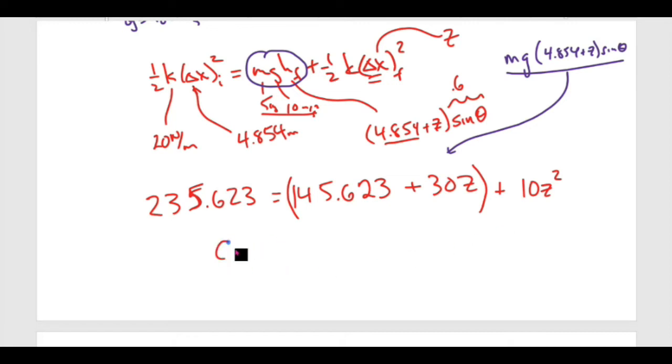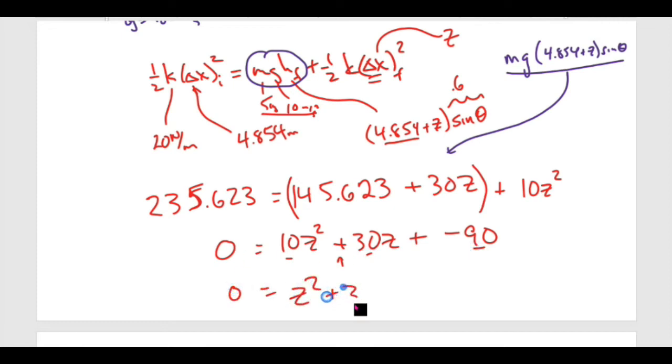So we end up with 0 is equal to 10z squared plus 30z plus, and then we're subtracting this from both sides, and we get negative 90. So very similar to what we had before, except we have a plus sign here, and as before we had a negative sign. Again, we have coefficients that are all divisible by 10, so I have 0 is equal to z squared plus 3z minus 90.